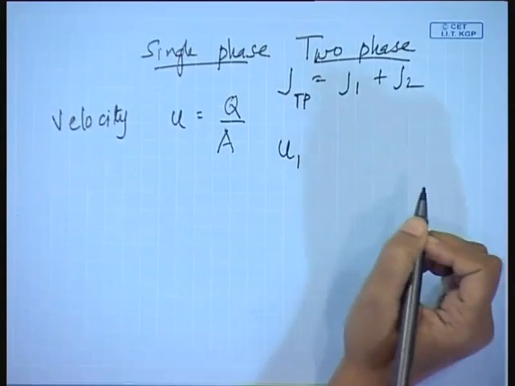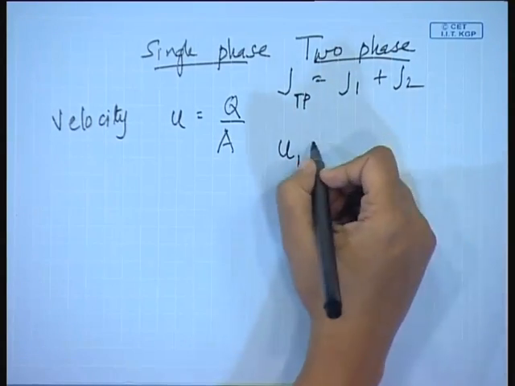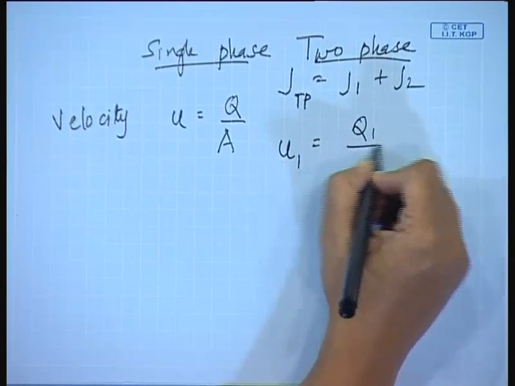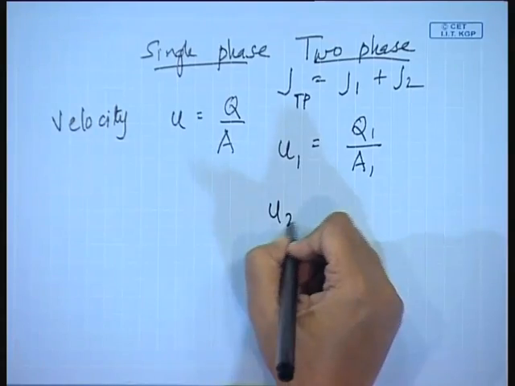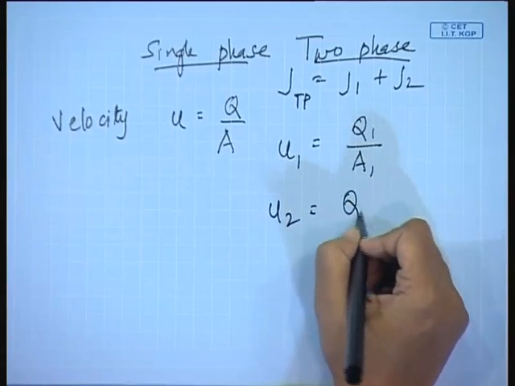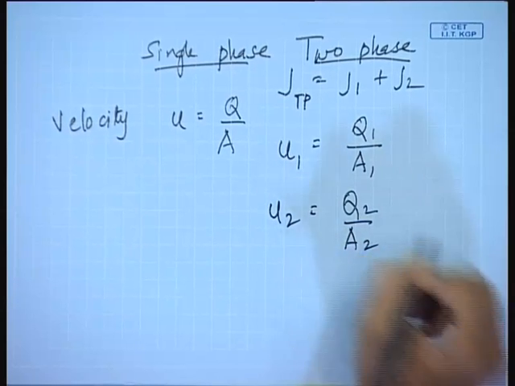So, if you talk about the actual velocity, then u1, which is the velocity of phase 1, should be Q1 by A1, is it not? The volumetric flow rate of phase 1 divided by the cross sectional area occupied by phase 1. Similarly, we can have u2 equals Q2 by A2.